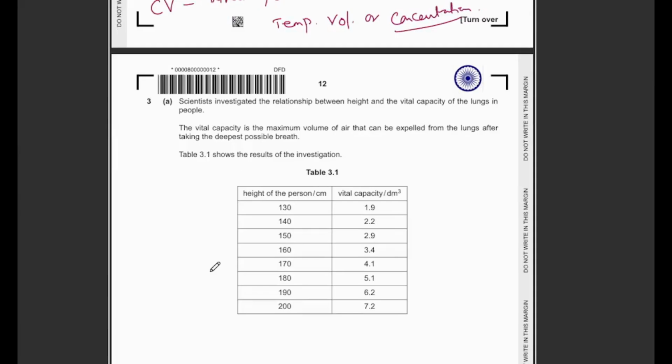Scientists investigate the relationship between height and the vital capacity of the lung in people. And the vital capacity is the maximum volume of air that can be expelled from the lung after taking the deepest possible breath. Fine. The table shows the result of the investigation here. So what is this investigation talking about?